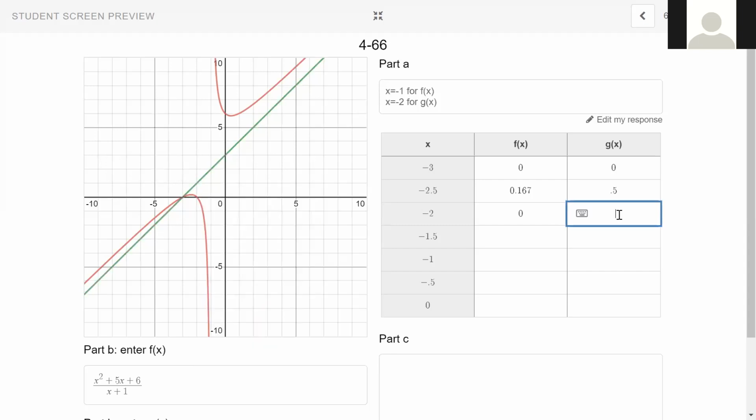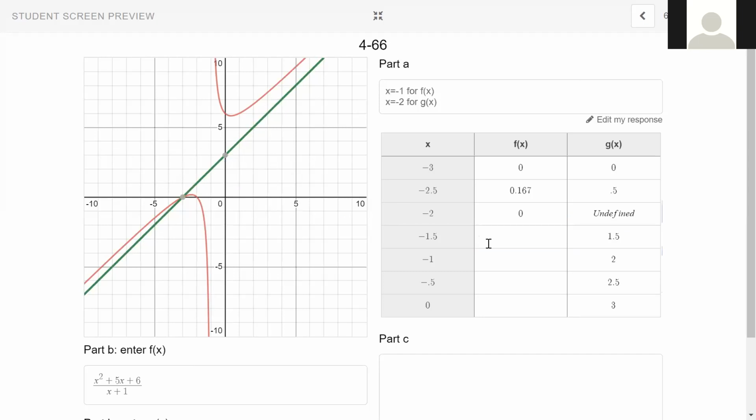Curious, it says undefined. Now let's keep going on this one. It is 1.5. I'm going to guess this goes up by 0.5 each time.